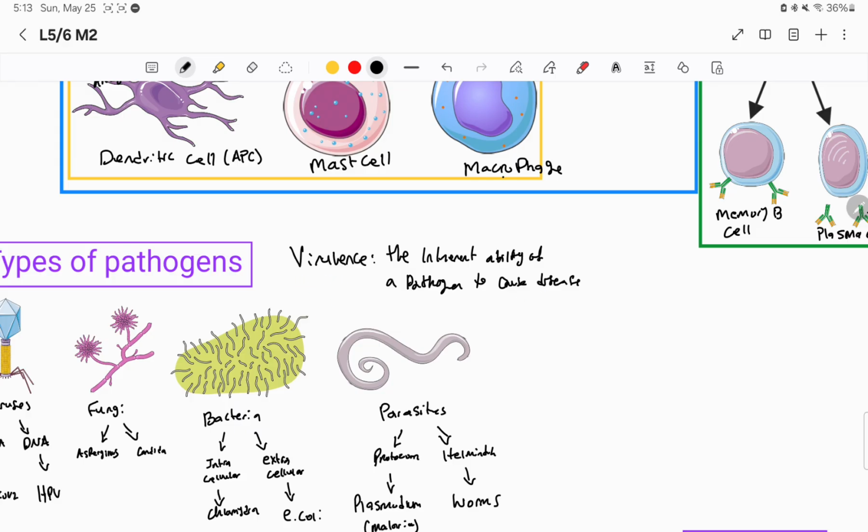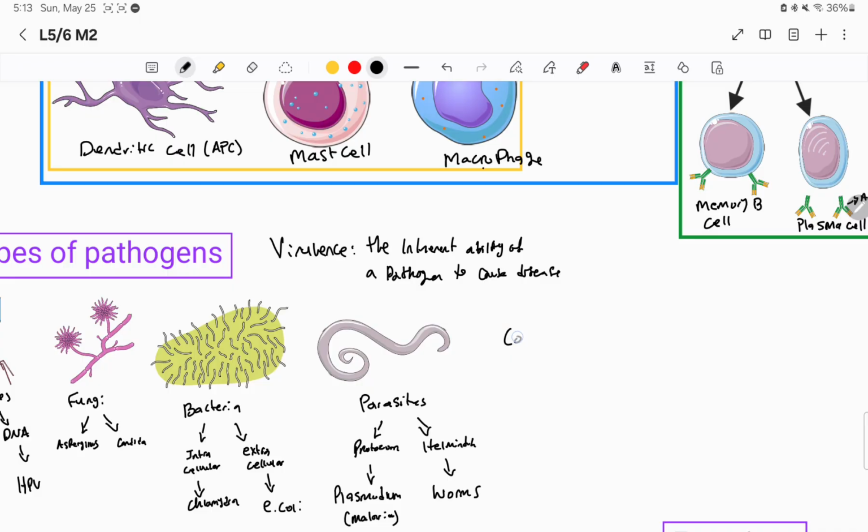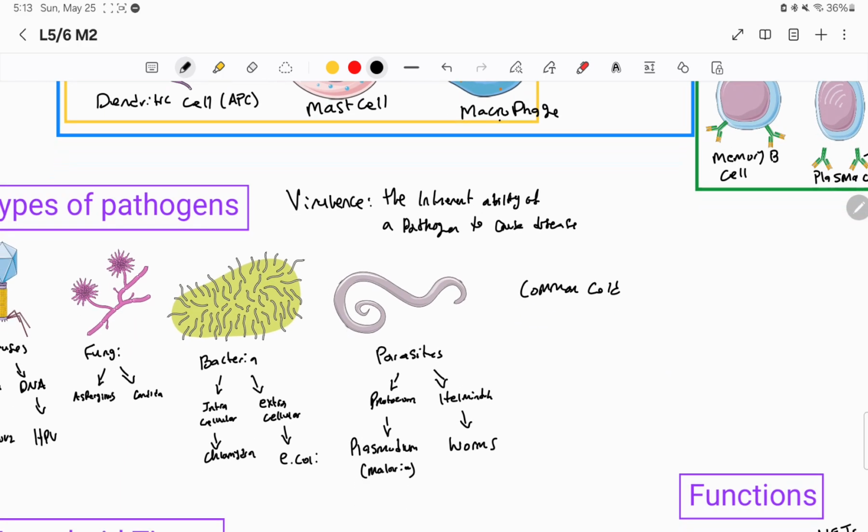It's basically a qualitative description. So, for example, I can say the common cold is less virulent than the parasite that causes malaria. And that would be absolutely true, because the parasite that causes malaria has a higher inherent ability to cause disease than the common cold.